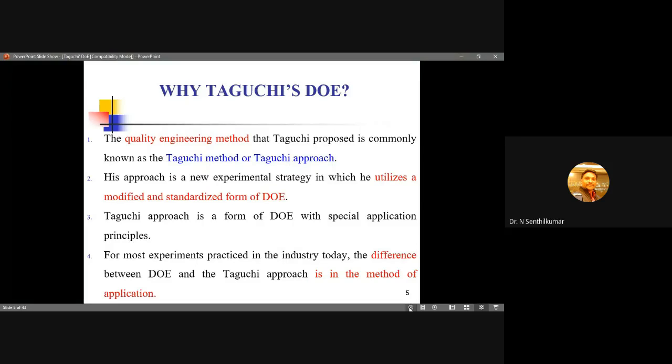In the analysis, we have to look for other techniques, whether we take the mean or apply GRA, TOPSIS, or MOORA, or a utility concept, whatever it is. But in the case of Taguchi, it uses its own analysis procedure. That is the method of application. So it incorporates a design strategy and also an analysis procedure. That's the advantage of going with Taguchi's technique.